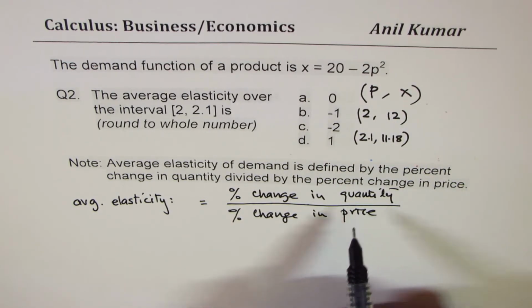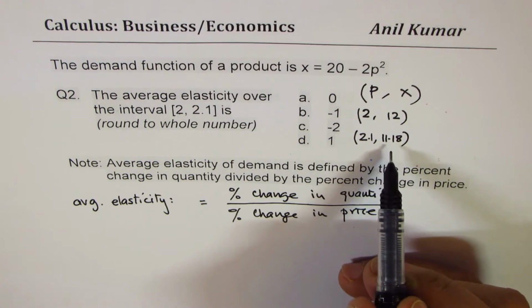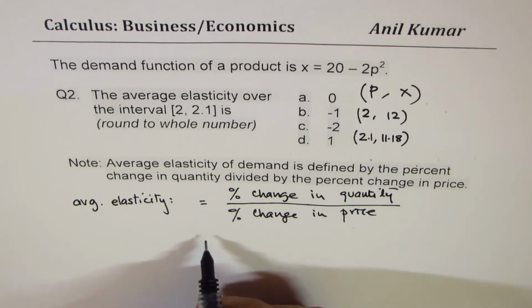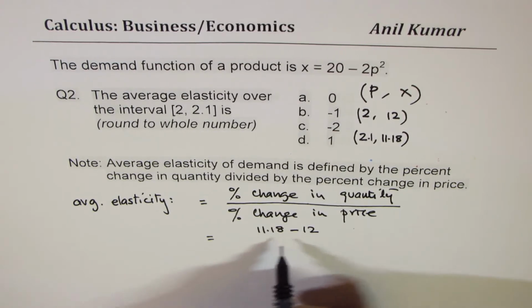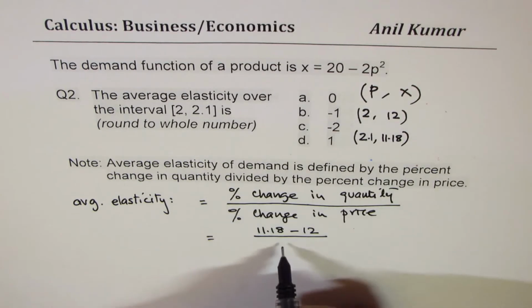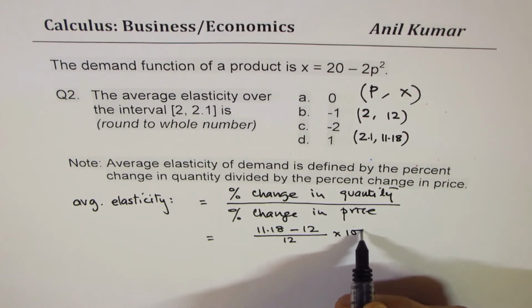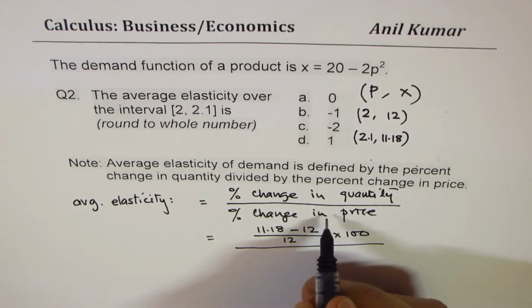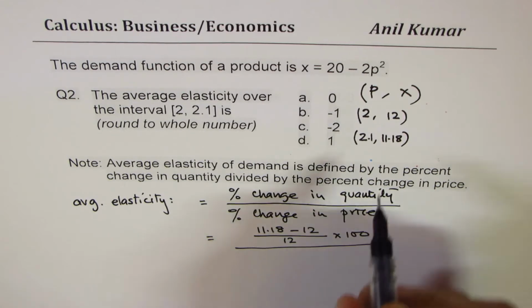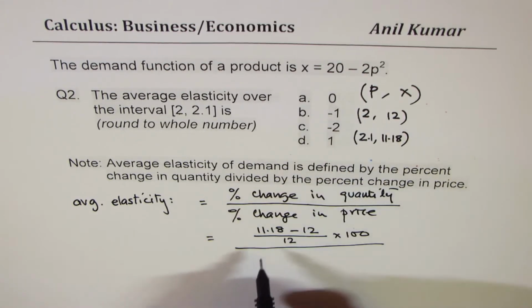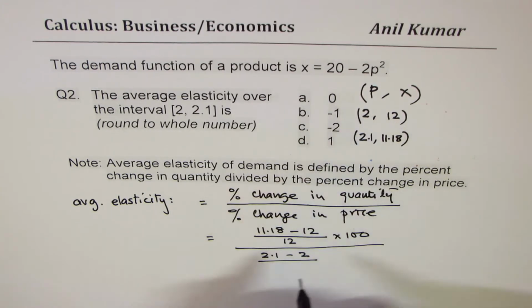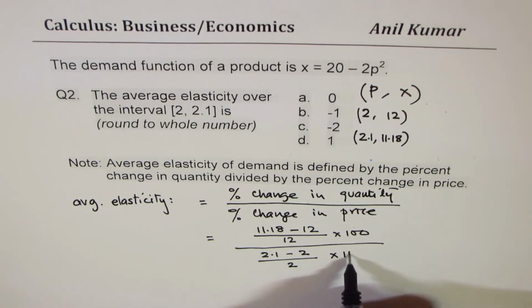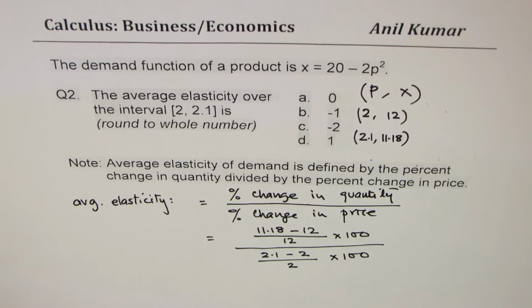The quantity changed from 12 to 11.18. So it is 11.18 minus 12 divided by the original quantity of 12 times 100, right? And as far as the percent change in price is concerned, price changed from 2 to 2.1. So it is 2.1 minus 2 over the original price of 2 times 100. That is how you can find this particular ratio, correct?